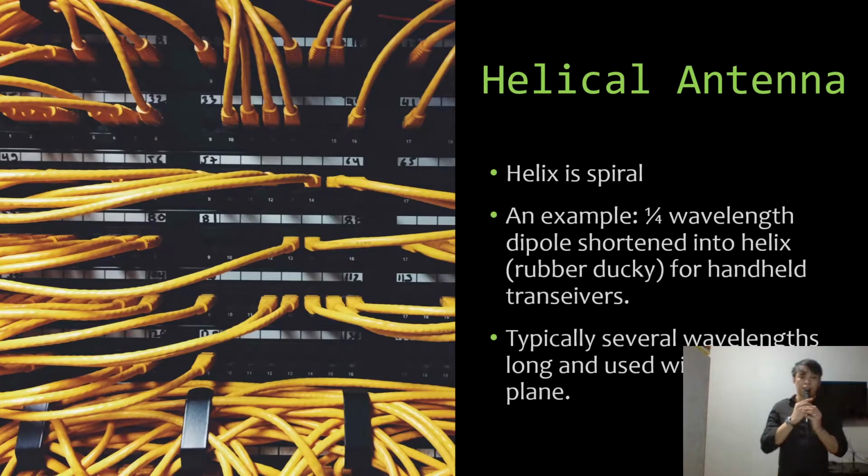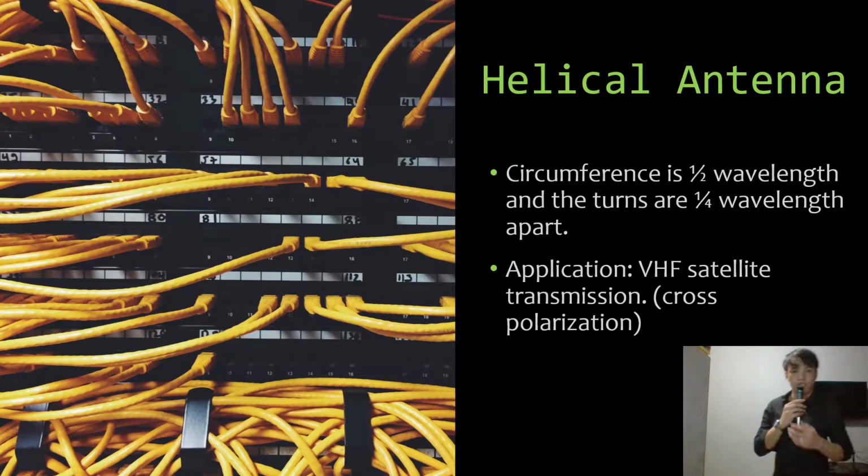It is typically several wavelengths long and used with a ground plane. The circumference is half wavelength and turns are quarter wavelength apart. The application here is very high frequency satellite transmissions, or cross polarization.